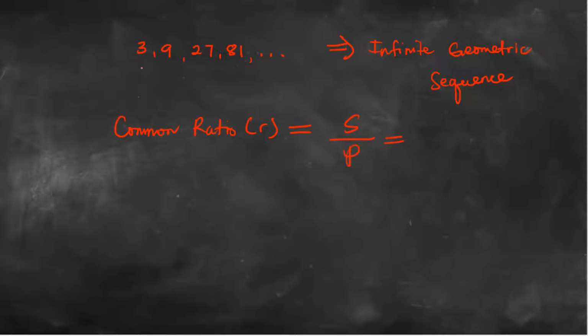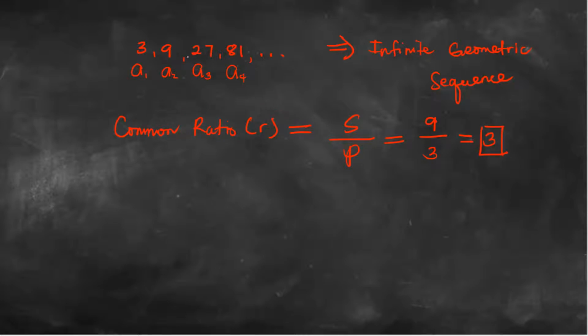So here, as we can see, this is our a sub 1, a sub 2, a sub 3, and a sub 4, or element 1, element 2, element 3, and element 4. Now, the element on the second term, or element number 2, is 9. You divide it by 3, the previous, and it becomes 3. So it should be common all throughout.